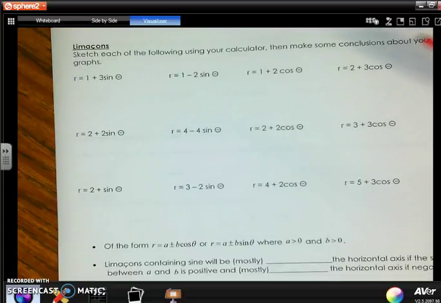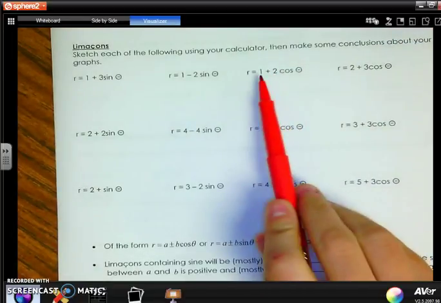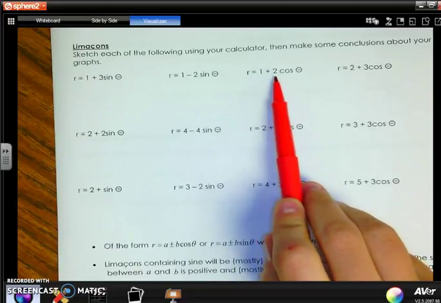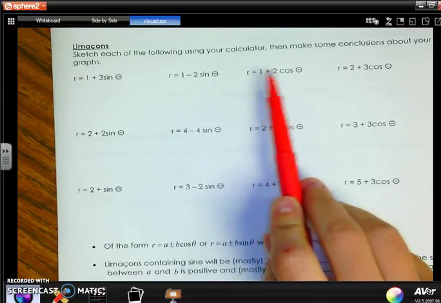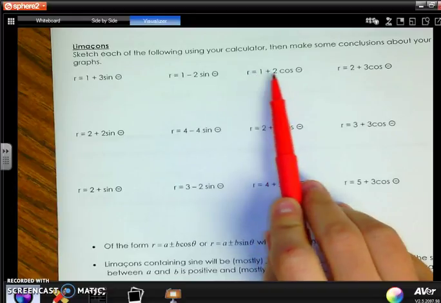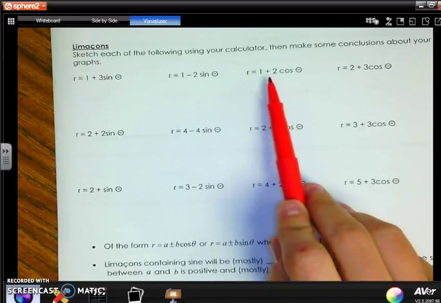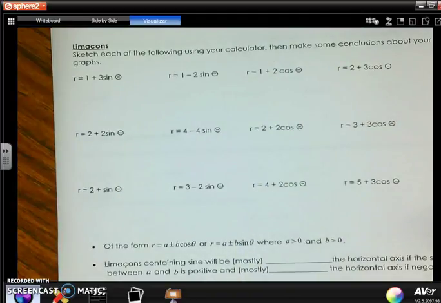What's going to be really important is looking at the ratio between these two numbers, this number divided by that number. We call this number A and this number B. So you're going to want to compare what happens when A divided by B is between 0 and 1, when it equals 1, and when it is greater than 1.